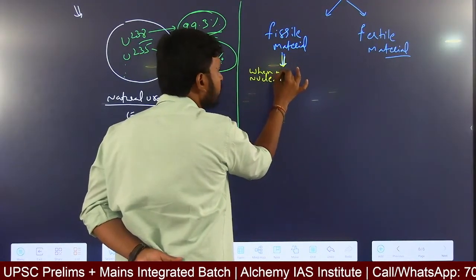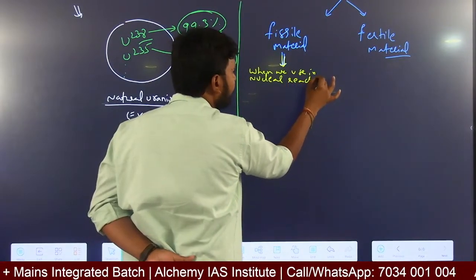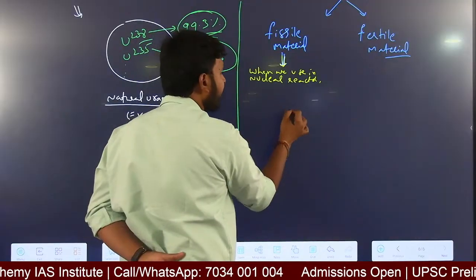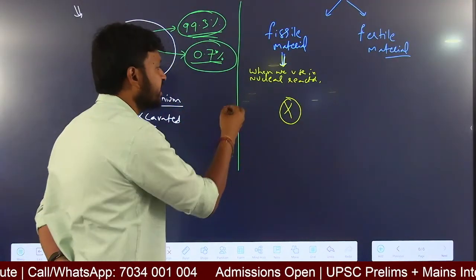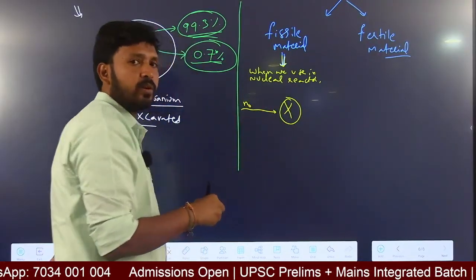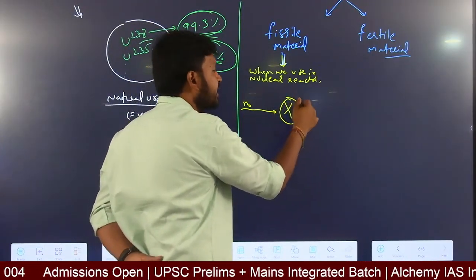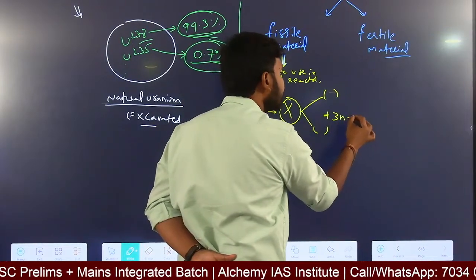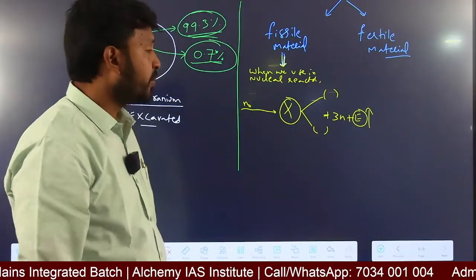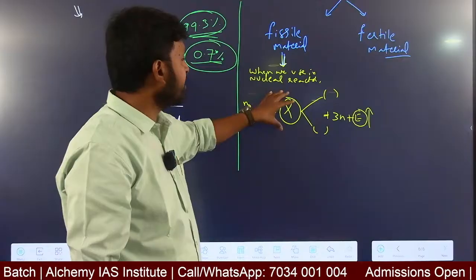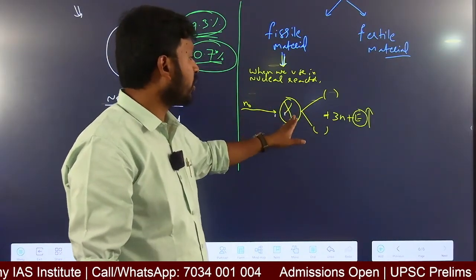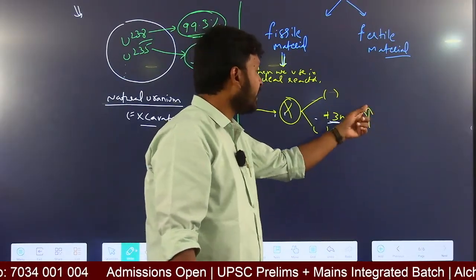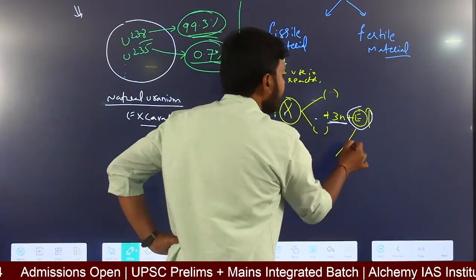Let me take any material X. With an example I will explain later, but for now just understand: when any material is bombarded with a neutron, or collided with a neutron, it will split into some other materials. In that process it will release more neutrons and also release a huge amount of energy.